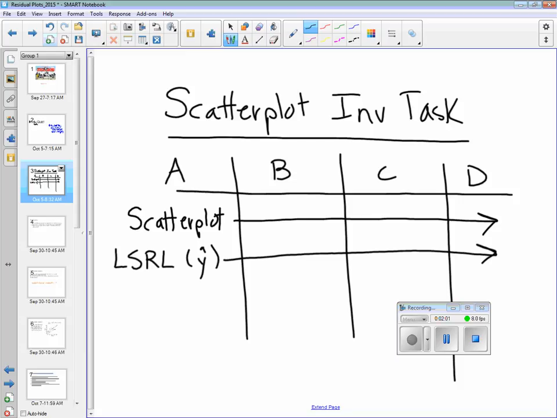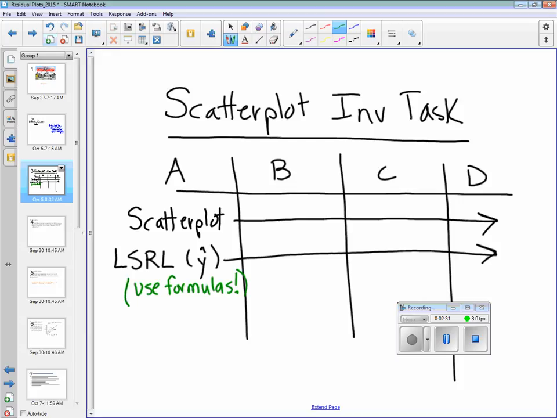Now, on the LSRL, your y hat, you are going to use the formulas, just like you did on your Monopoly assignment, or you should have done on your Monopoly assignment, and what you did on the quiz, etc. So you're going to use that b1 equals r times Sy over Sx. You're going to use that b0 equals, and you're going to find the equations using the formulas. And you're going to show me that work. Okay? So all of this you should be able to do up to this point.